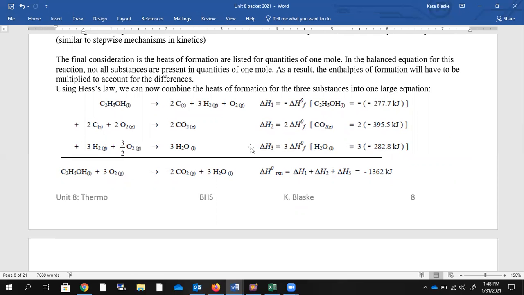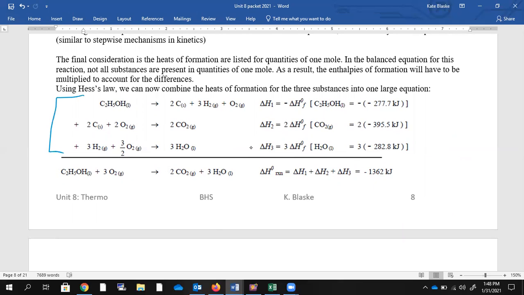I can find the heat of reaction of other different steps or other different reactions, and then I can combine the heats of reactions of those steps together to get the overall heat of reaction for my combustion.